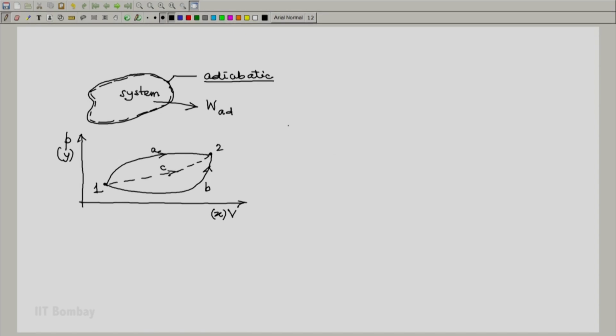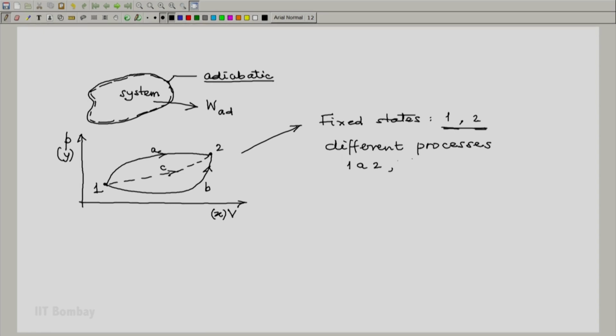So we notice here that we have fixed initial and final states 1 and 2. We are considering different processes between the same initial and final state: 1A2, 1B2, 1C2. All must be adiabatic.